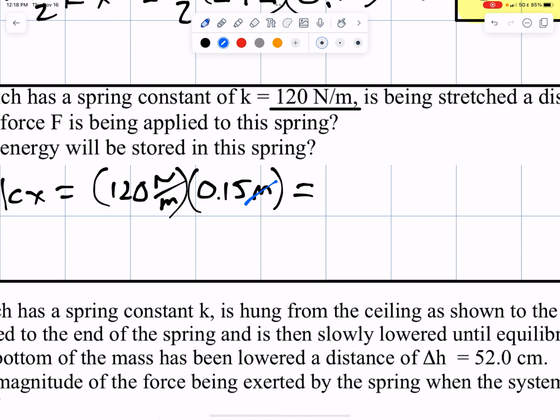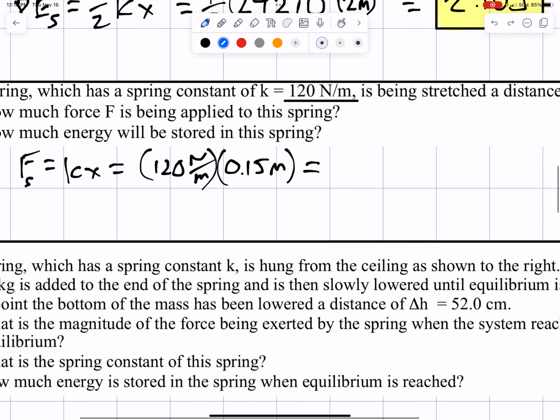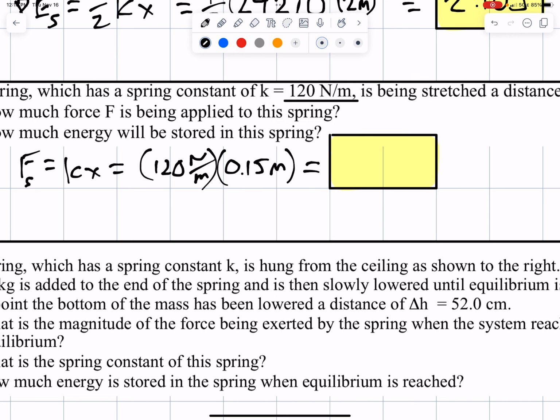You can see how the units cancel, giving you the correct unit of force. Please take a moment to put that in your calculator. Okay, if you did this right, you should be getting about 18 newtons of force.